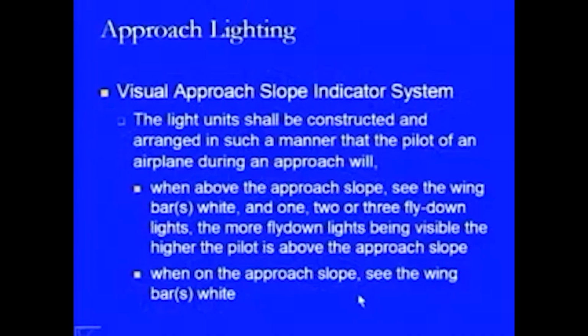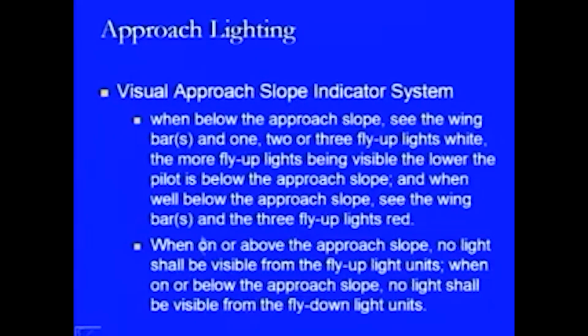Or when on the approach slope he can see the wing bars white, that is another condition. Similarly, when below the approach slope he can see the wing bars and 1, 2 or 3 fly up lights white, and the more fly up lights being visible, the lower the pilot is below the approach slope.